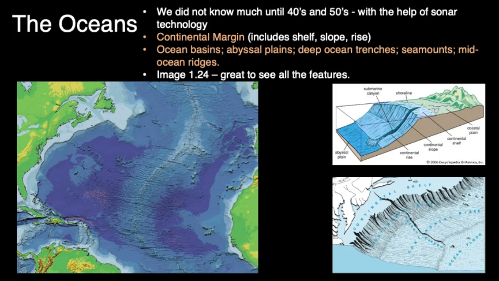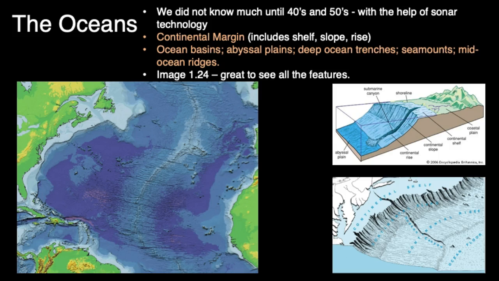And I should mention that the continental margin, as the name suggests, is the closest area to the continents. But again, it's subdivided into three pieces. The first one being the shelf, which is a gentle sloping kind of platform, and it varies in extent depending on the geographic location. So, for example, the Gulf of Mexico shelf has a much larger extent than the Pacific coast shelf.